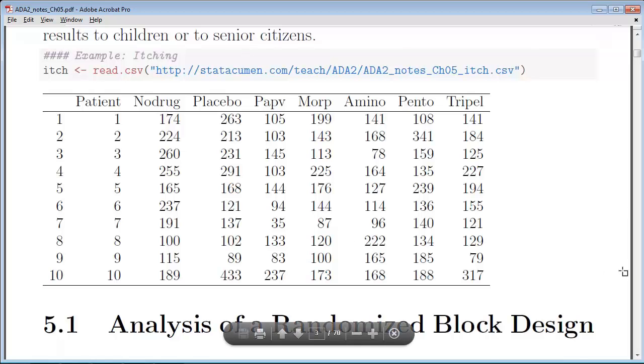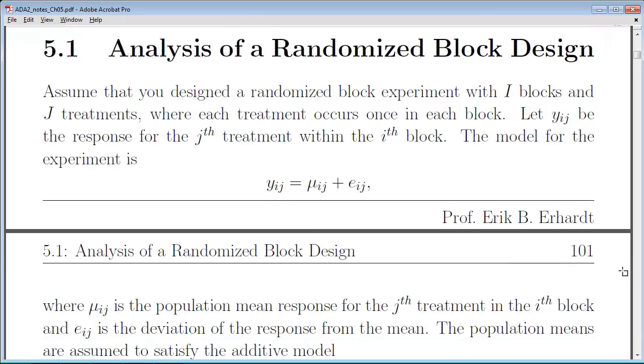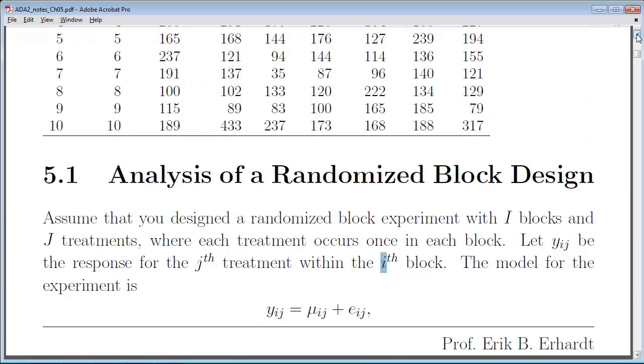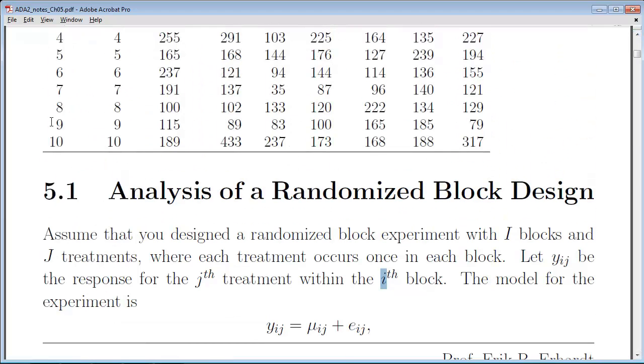So let's do the analysis. All right, we'll start with the model. We've got 2 subscripts here. So assume that you've got this randomized block experiment. Y_ij are the individual observations. i here is for the ith block, and in our data example, each person is a block. So this is person 9.